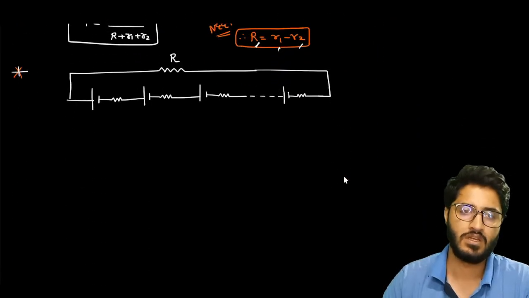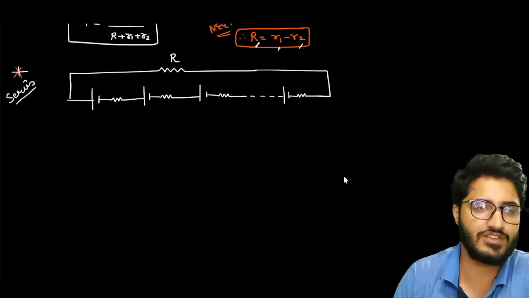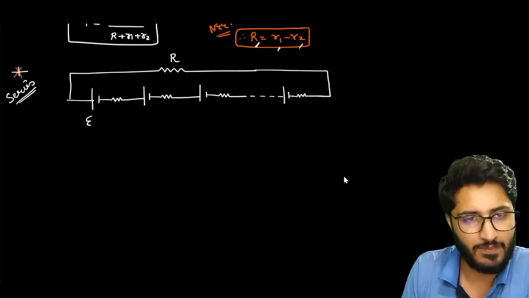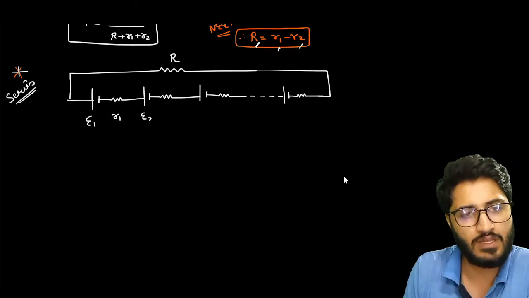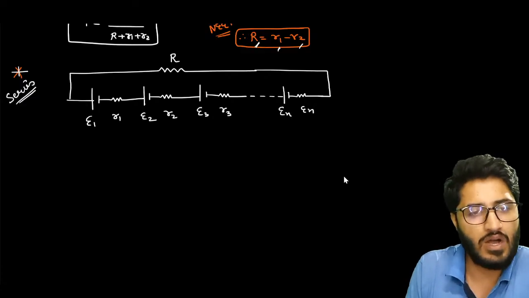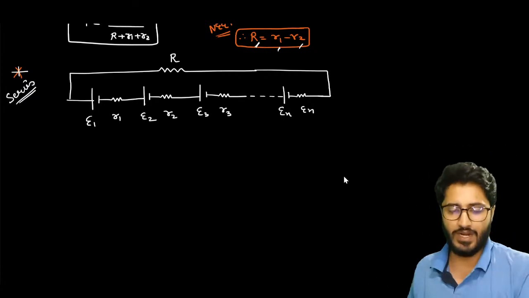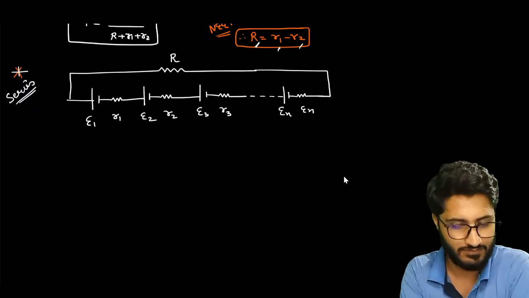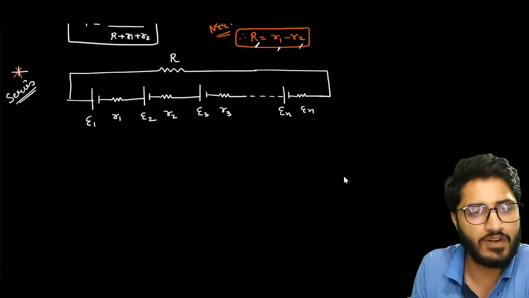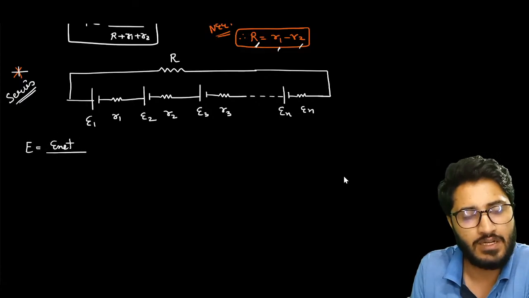Okay. So look, you can see now this one is a series case. If let's suppose this is E1, R1, E2, R2, E3, R3, En, Rn. So how do you write the equation now? Any idea? Yes, sir. So I will write I equals E net divided by R net.